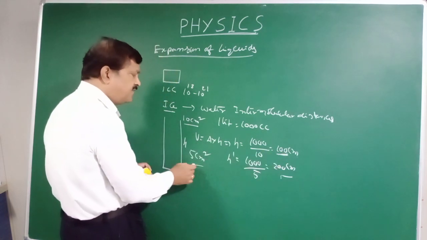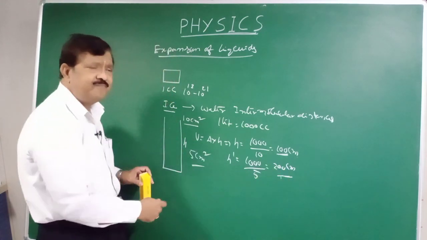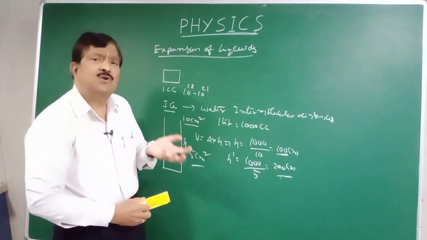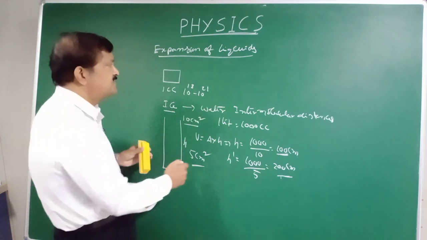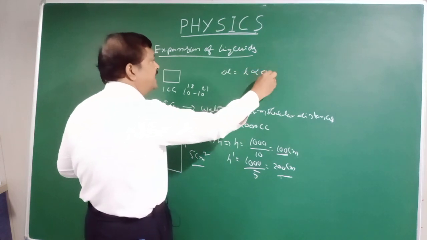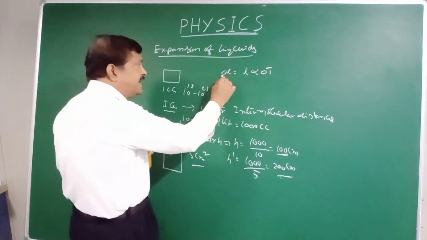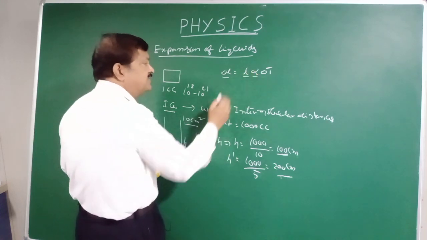In another container of 5 centimeter square area, the height is now 200 centimeters. Now if you study the coefficient of linear expansion, we know in case of solids we have studied the change in length, that is L alpha delta T. Here it very clearly depends upon the initial length, and of course alpha, the nature of the material.